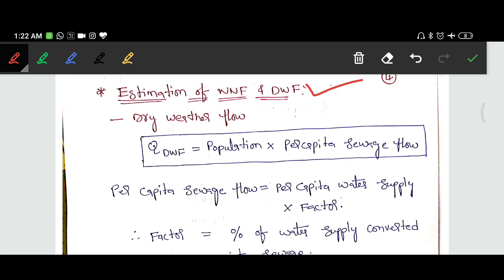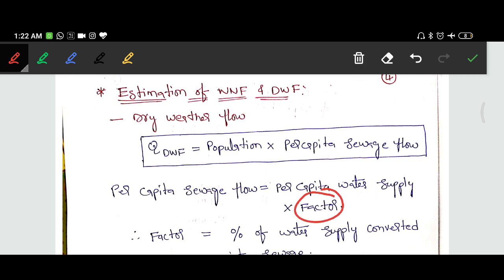So estimation of wet weather flow and dry weather flow. The formula for dry weather flow is population into per capita sewage flow. Per capita sewage flow again has a formula, which is per capita water supply into factor.